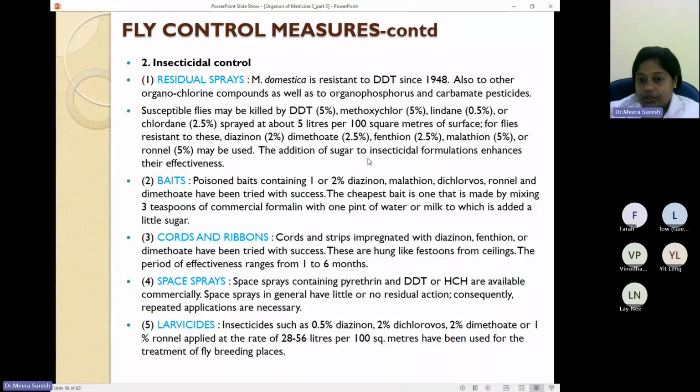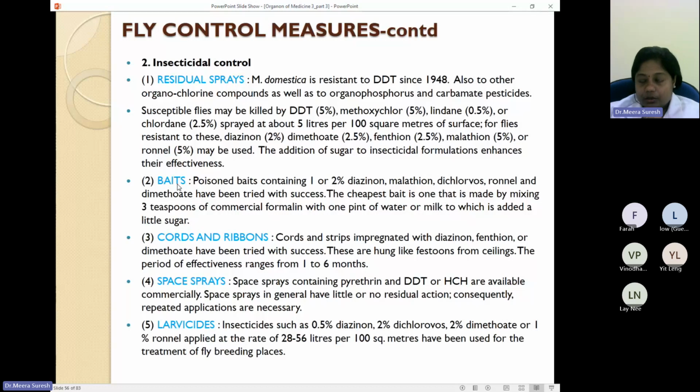The addition of sugar to insecticidal formulation enhances its effectiveness. Then we can go for baits, containing 1 or 2 percent of diazinon, malathion, dichlorvos, etc. The cheapest bait is made by mixing 3 teaspoons of commercial formalin with 1 pint of water or milk, to which a little sugar is added.